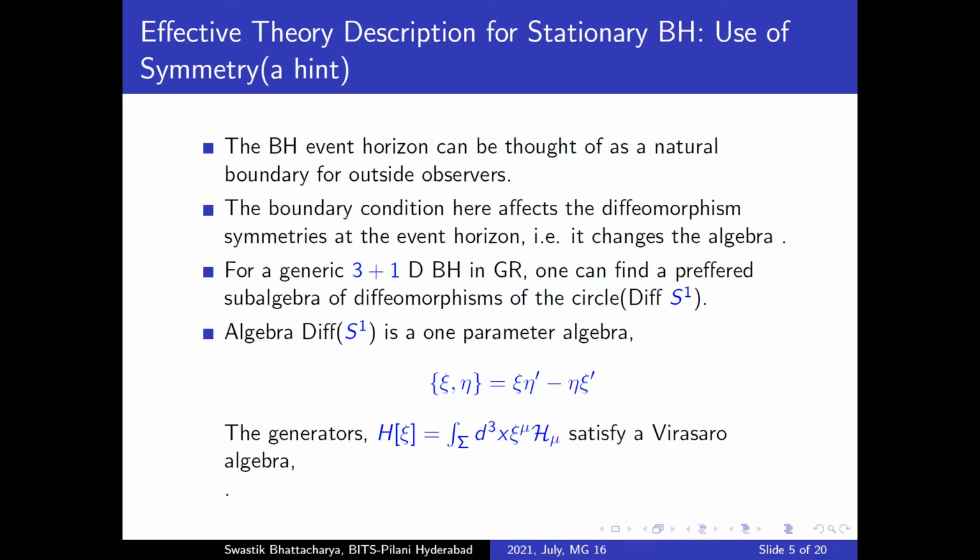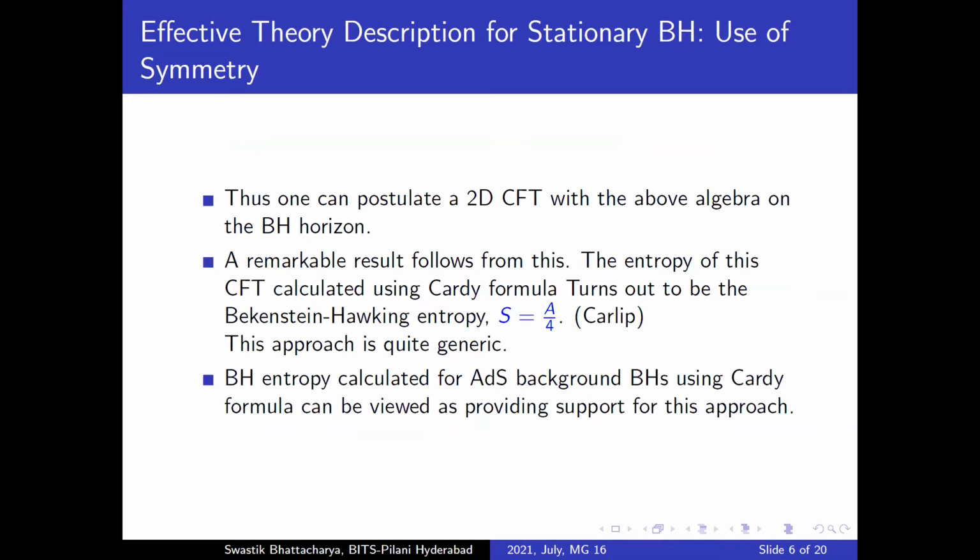It's equivalent to that. So this leads to an interesting way of constructing an effective theory description for a stationary black hole. And Carlip was the first person to do it. What he did was he postulated a 2D CFT on the black hole horizon, which has a Virasoro algebra.